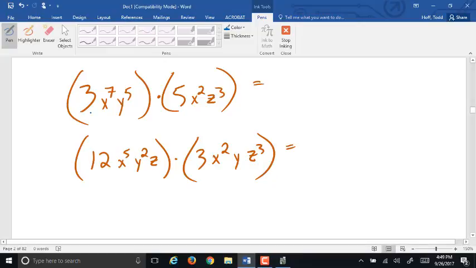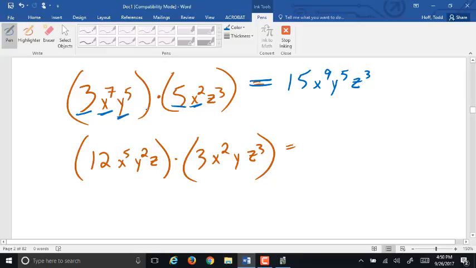So in the top one, what do you get? Perfect. That one's a little tricky because not all the variables appear in both terms. So it's 3 times 5 is 15. Alphabetically, the x comes first. So x to the 7th times x squared is x to the 9th.